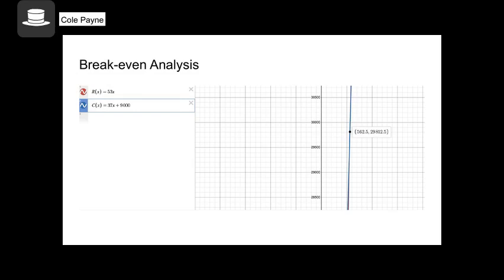You can see this break-even analysis shown graphically. I generated two lines and saw where they crossed at the intersection point, 562.5. Again, because we can't produce more than 500, we shouldn't produce this item.